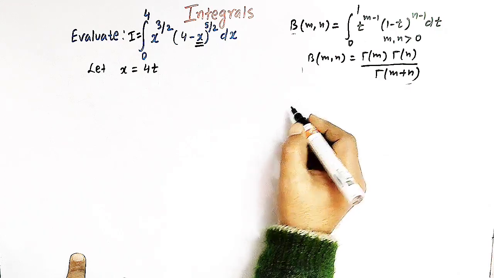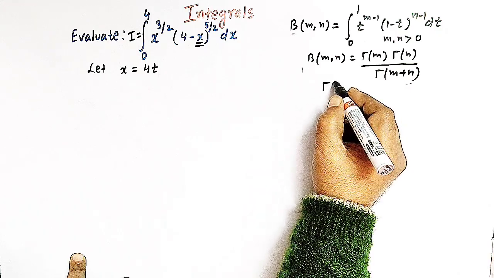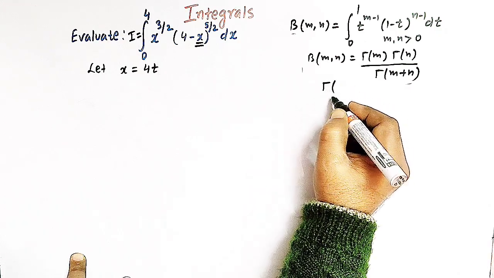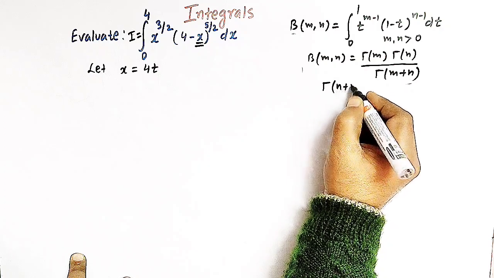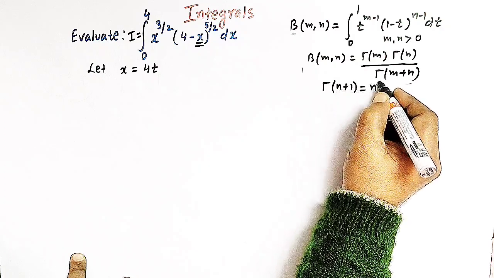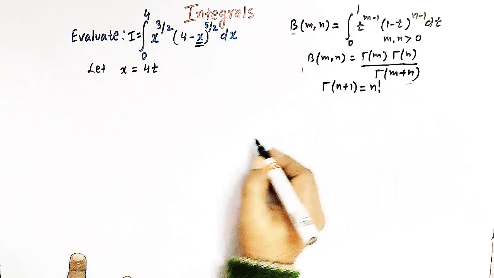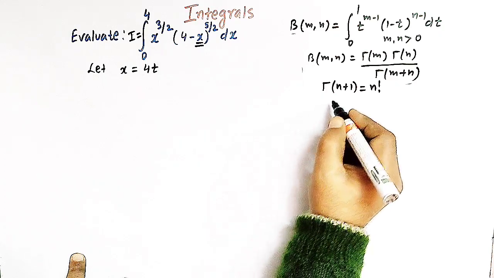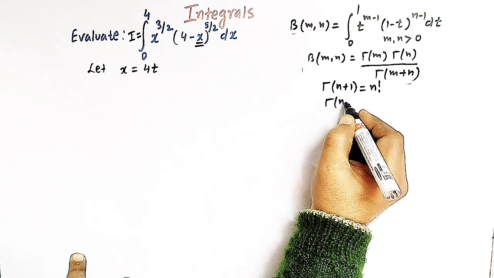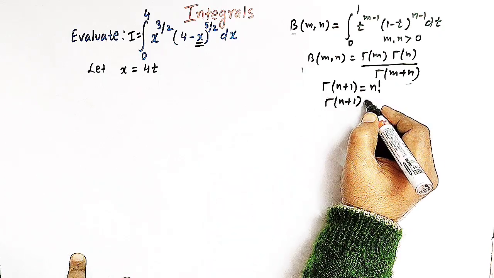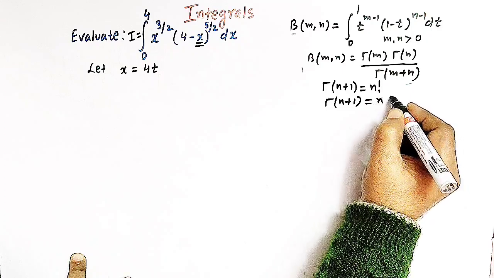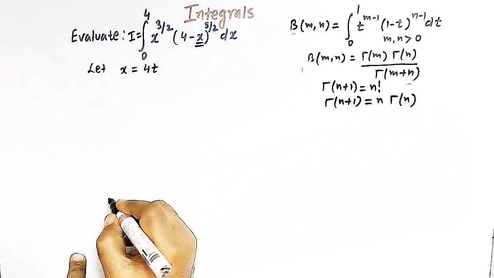And moreover here we'll also utilize these two important results, that is gamma n plus 1 is given by n factorial, where n is some positive integer, and gamma n plus 1 can also be written as n times gamma n, right?